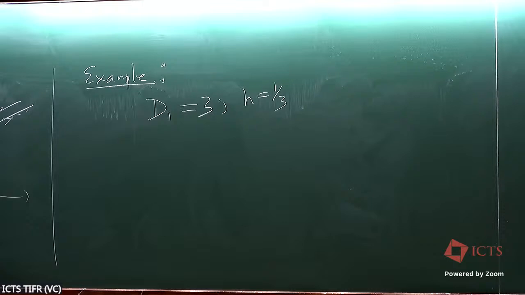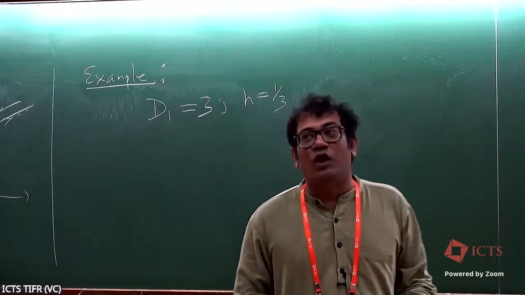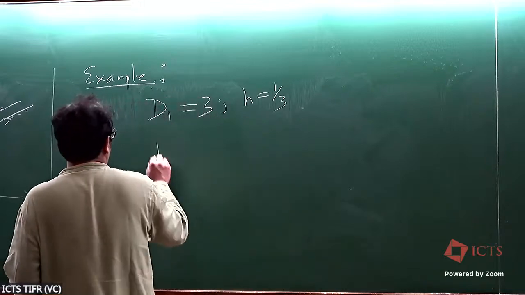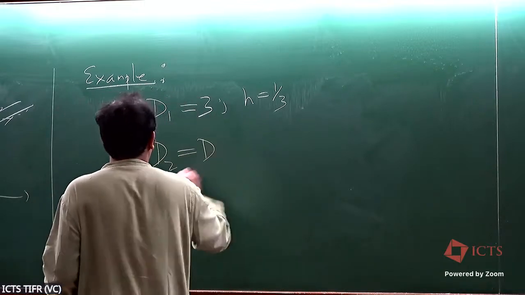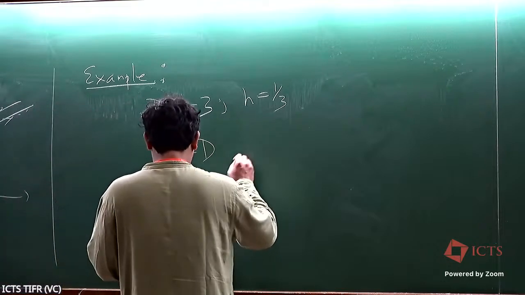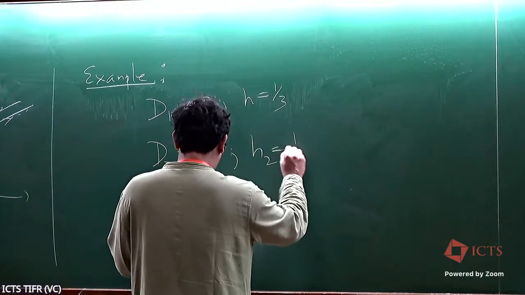So one of these d's would be 3, and the corresponding exponent will be 1/3. And the other will be some d. It could be what the beta model fits, where we took d to be 2.8, with some corresponding exponent, which I'll just write down as, is it 1/3?